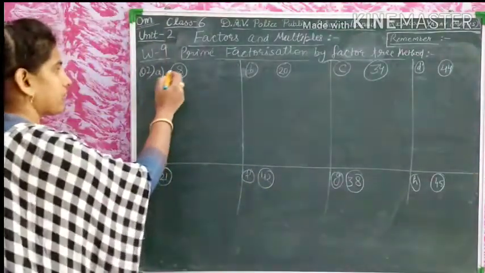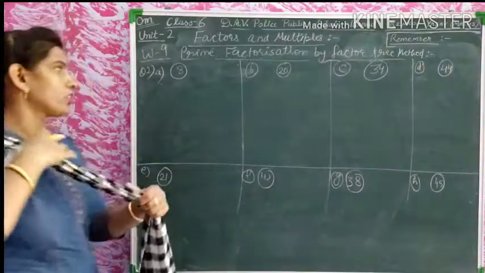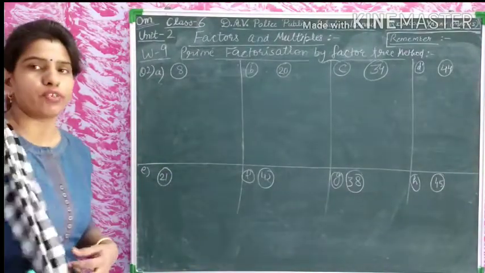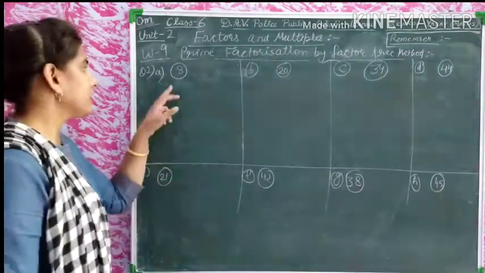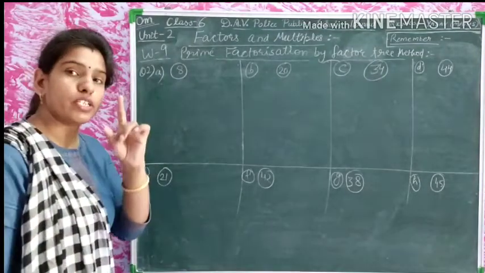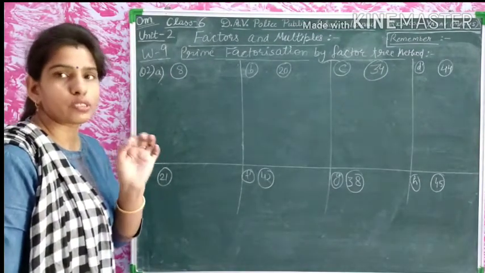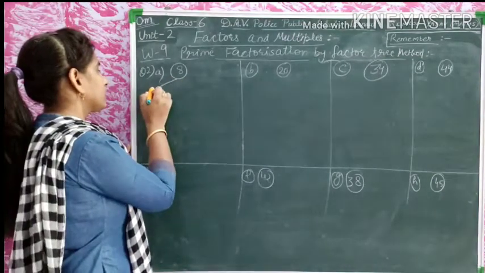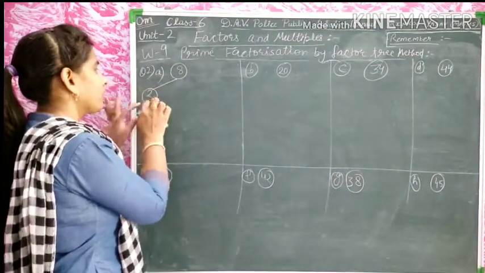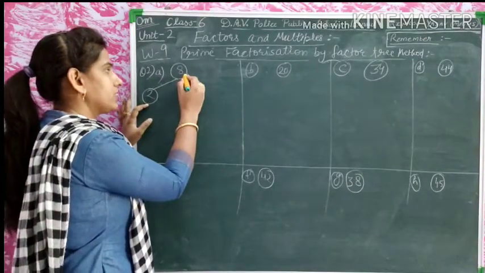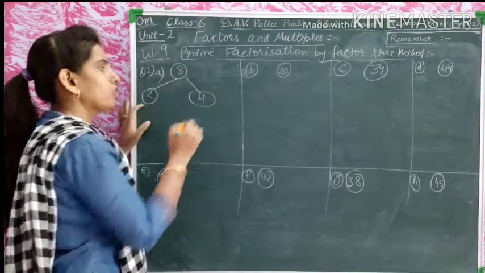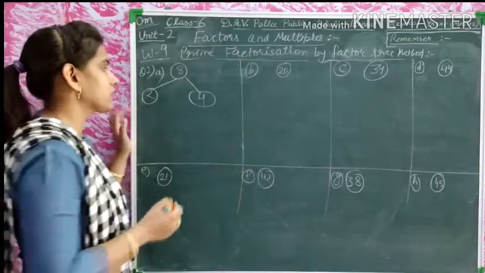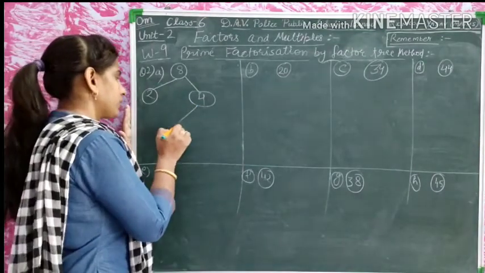Question number 2, part A. We have to find here the prime factorization of 8. Let's see there. First, it will be divided by which number? 2, the smallest prime number. It will divide, it means this is one factor. After dividing by 2, we get the quotient 4. Now again this 4 is also divided by 2, it means there is 2.